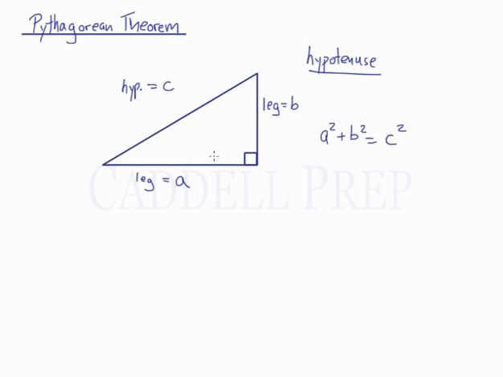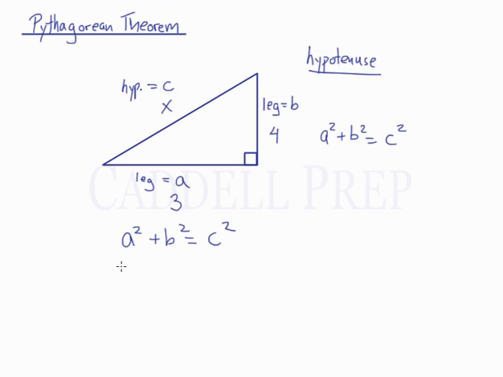So if we have two measurements, we could always find the third one by using this theorem. For example, let's say that this side is 3, this side is 4, and this side's unknown. We start with a squared plus b squared equals c squared.